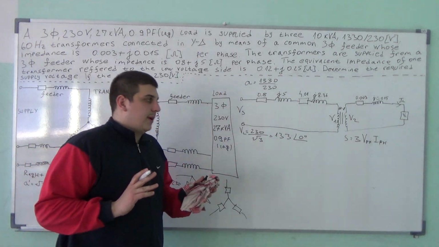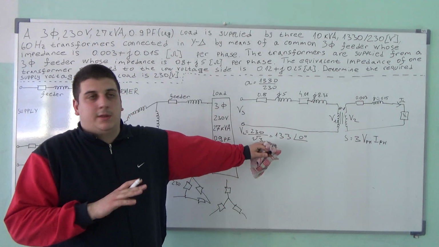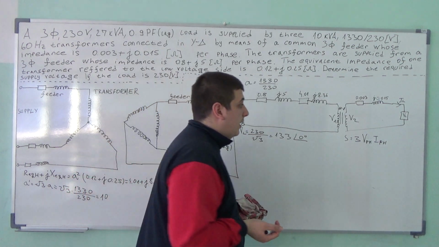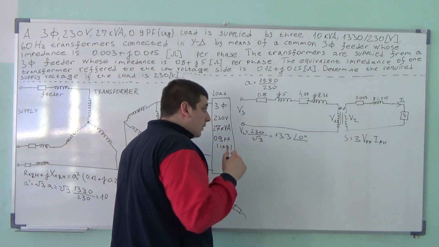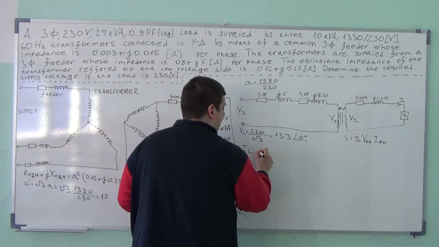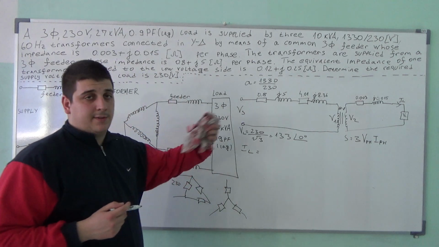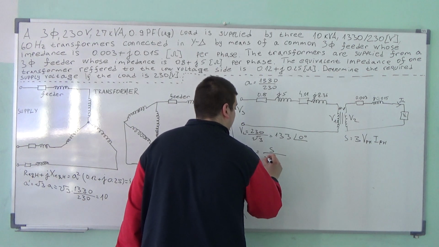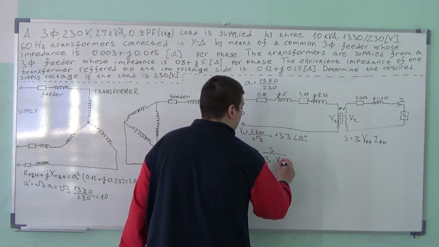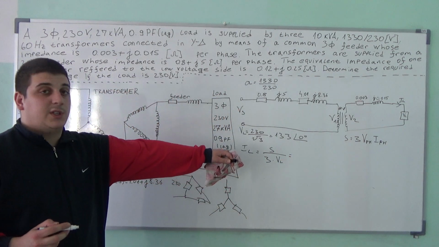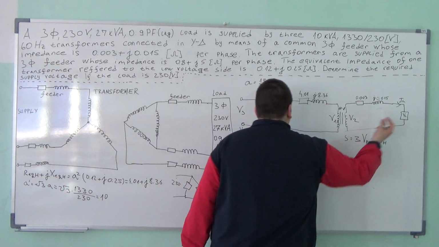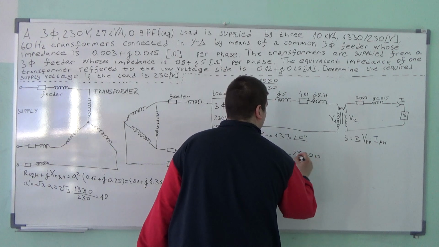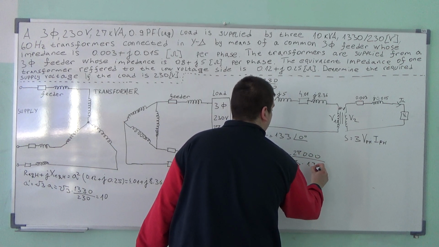I don't have time because of the battery. You can check this out on the internet. You have to know this before you start learning electrical machinery. So from here, IL, which is the same as the phase current in a star connection, is equal to the apparent power divided by 3 times the phase voltage, which is now VL. This is not the line voltage, this is the load voltage. That is equal to 27,000 divided by 3 times 133.